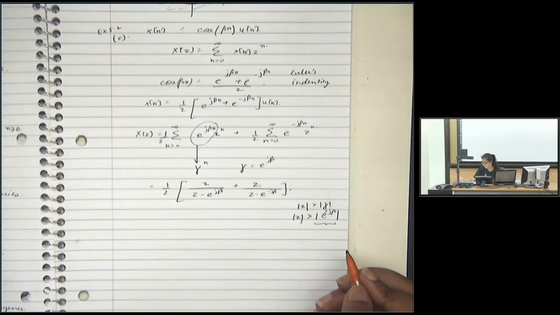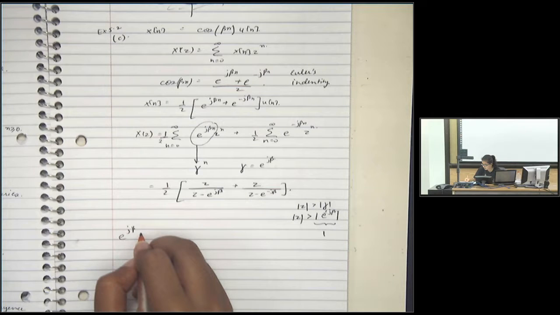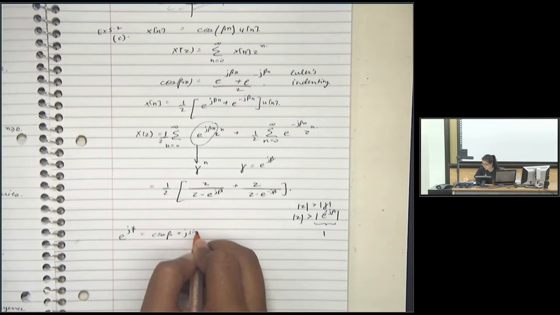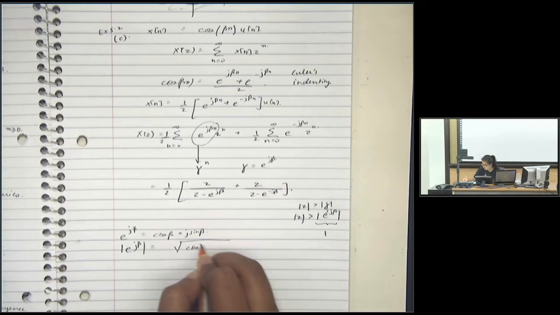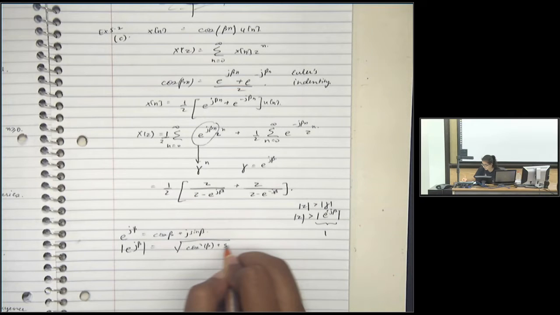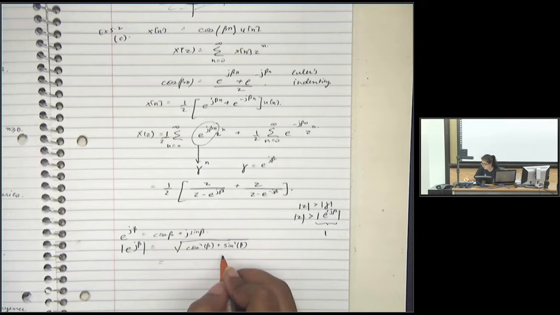How is this 1? My e raised to power j beta is equal to cos beta plus j sine beta, and absolute value of e raised to power j beta is equal to under root cos square beta plus sine square beta. This is 1 always for any value of beta, so it's 1. All right, so absolute value of z greater than 1.